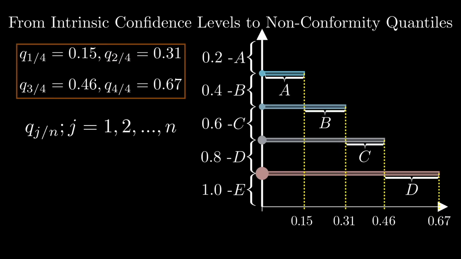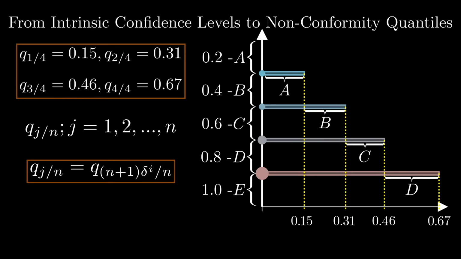We can express that correspondence mathematically using a relation between the jth conformity quantile, Q sub J/N, and the intrinsic confidence level, delta superscript I. For example, to get the non-conformity quantile corresponding to the intrinsic confidence level, delta I equal to 0.4, simply plug 0.4 to the right-hand side of the equation and recall that N, the number of calibration points, is equal to 4.